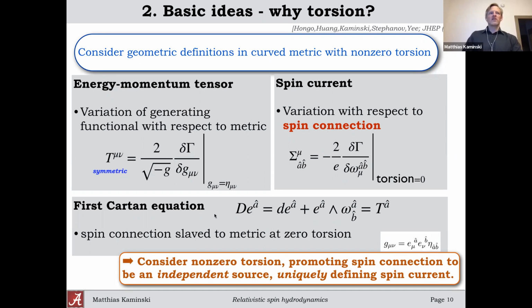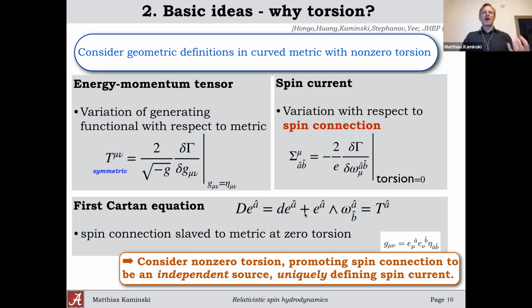And by the first Cartan equation, if the torsion vanishes, then the Vielbein, at least its derivative, is directly related to the definition of the spin connection. So I can rewrite this and express the spin connection entirely in terms of the Vielbein if the torsion is 0. That would make my spin connection dependent on, or slaved to, the metric.